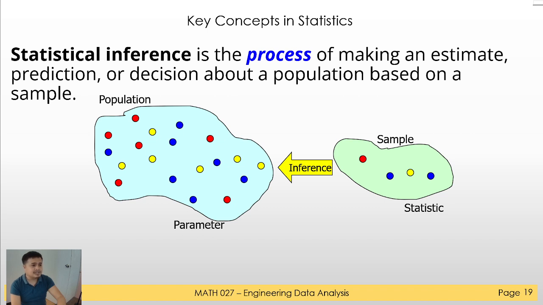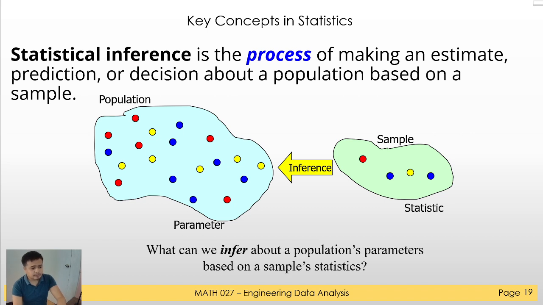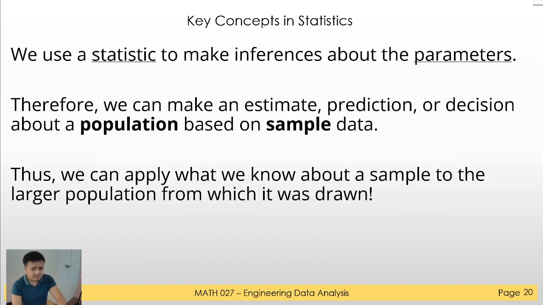Okay, so we are trying to create a conclusion about the population based on the sample statistic, and the process is called statistical inference. We use the statistic, or the measure of variables in samples, to make inferences about the parameters, just like what I said before.